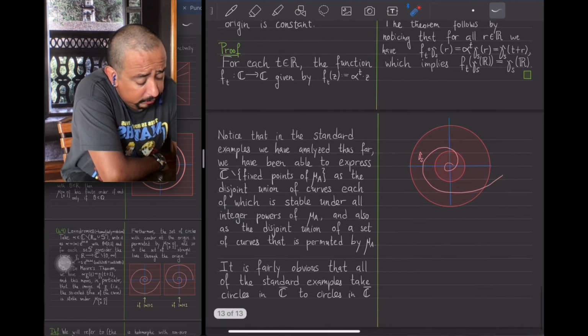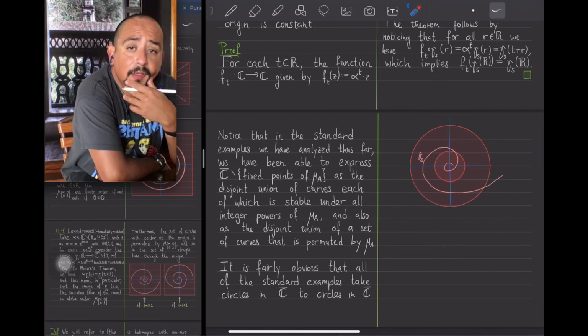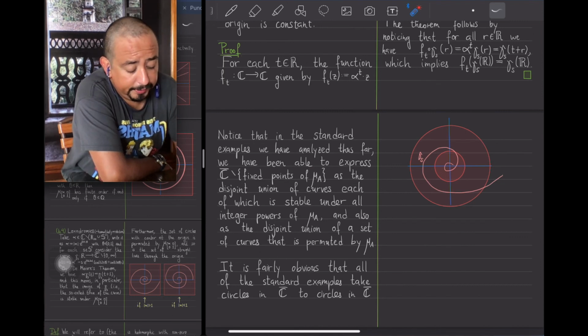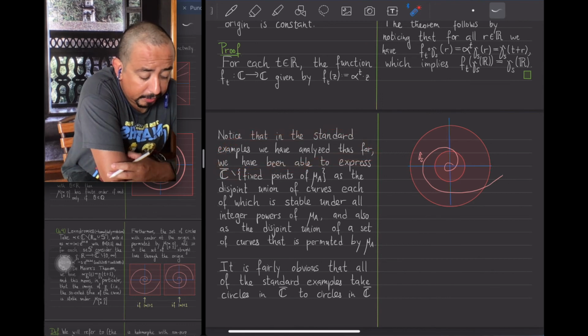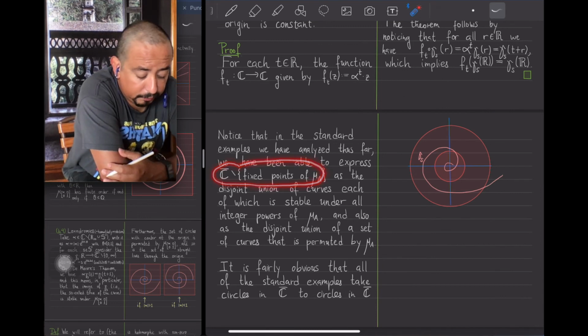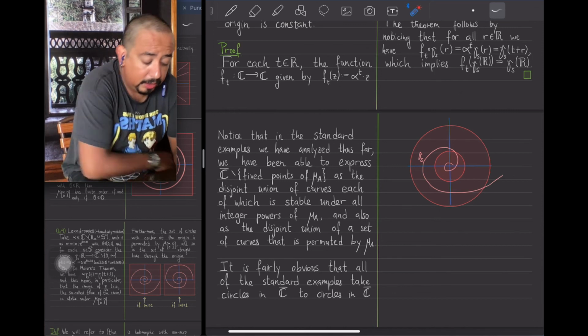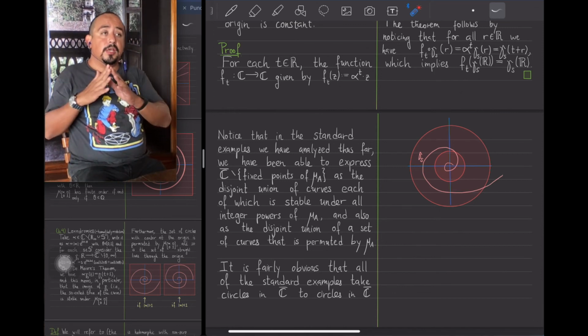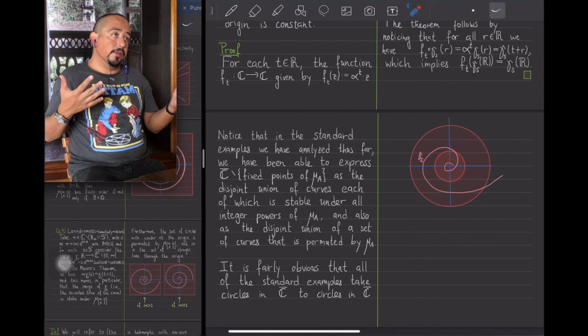Okay, and then just finally a remark that I've been saying all throughout the class, which is that in all the standard examples we have analyzed so far, in each of them we have been able to express C bar minus the fixed points of the Möbius transformation as a disjoint union of two different families.